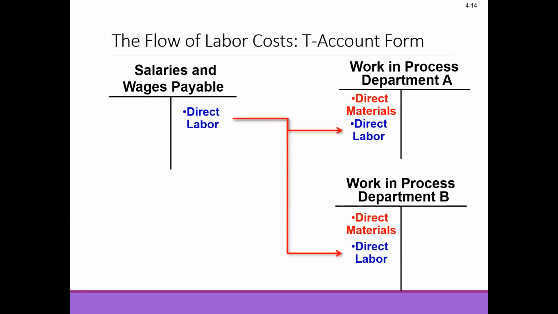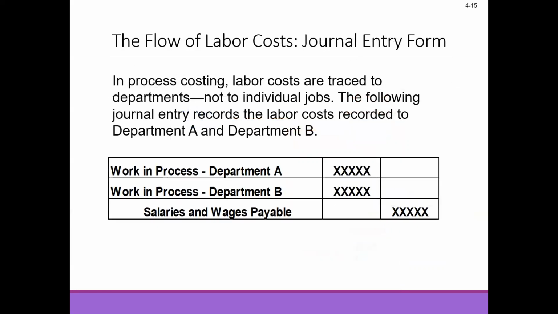The same thing happens with labor. Labor costs can be directly assigned into various processing departments. In this example, certain individuals will work in Department A, certain individuals will work in Department B. So those costs get assigned to the processing departments.